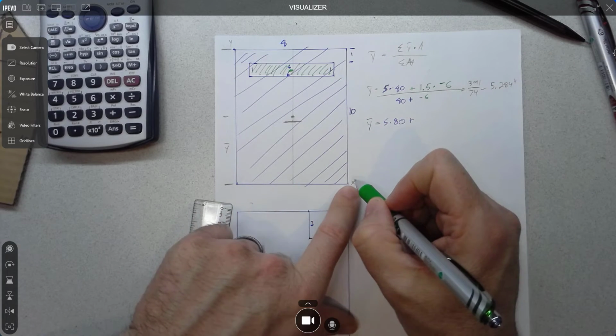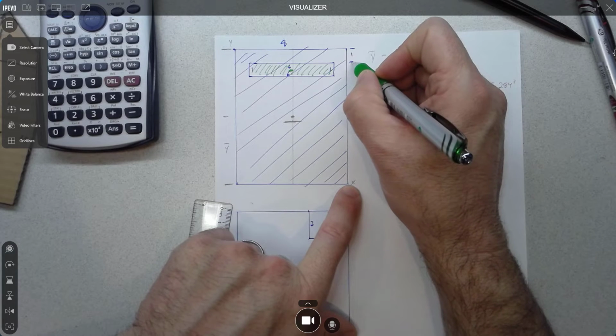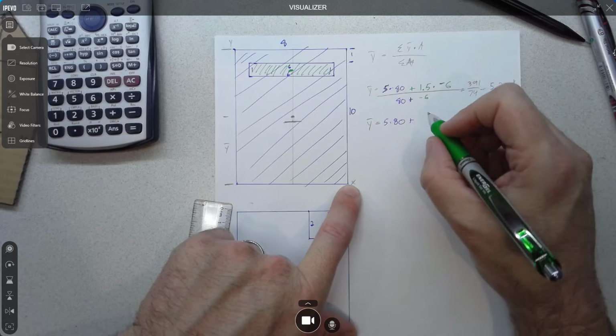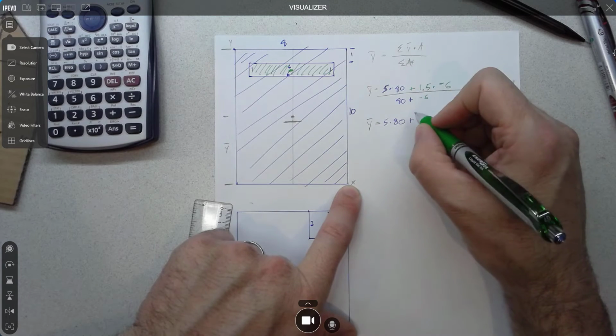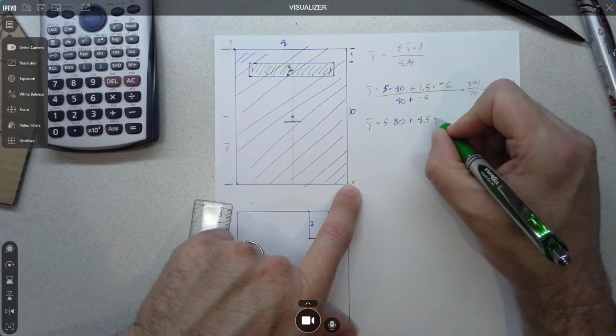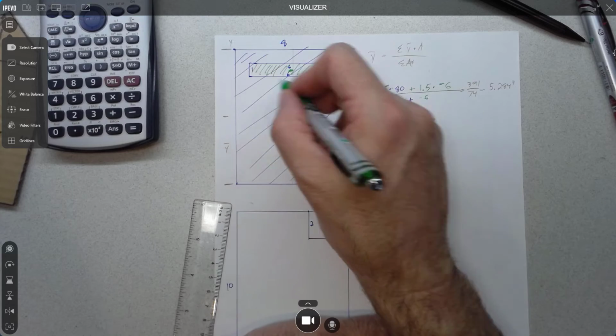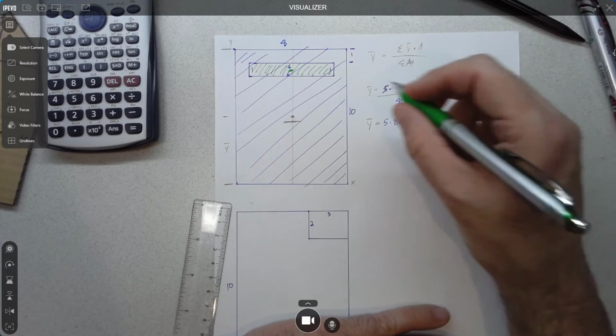So now our distance is going to be 10 up to the top. Minus 1 is 9. Minus a half is 8.5. So the distance is 8.5 times, the area is still -6, right? We're getting rid of 6 square centimeters there.